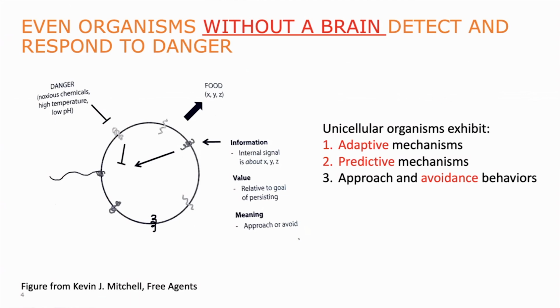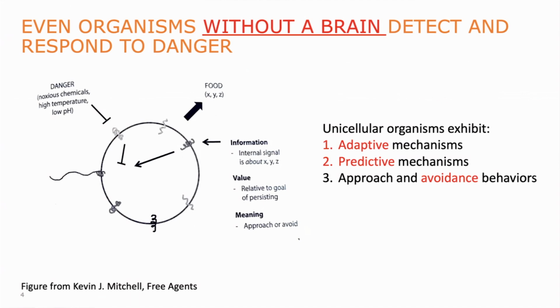They have to predict their environment, in a sense that, the diurnal cycle is a standard example of predicting the environment. And they have to have both approach and avoidance behaviors.